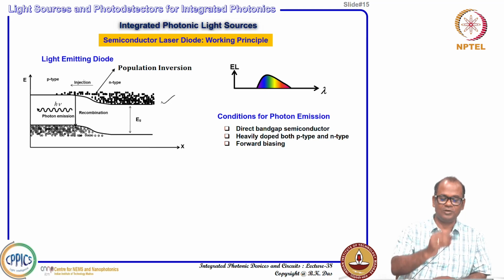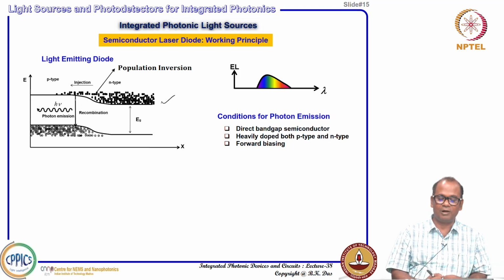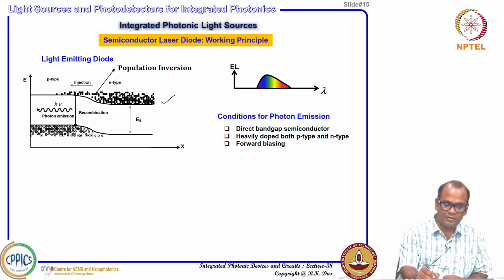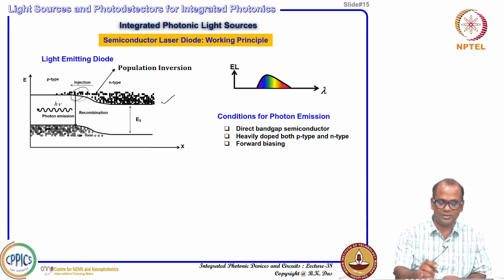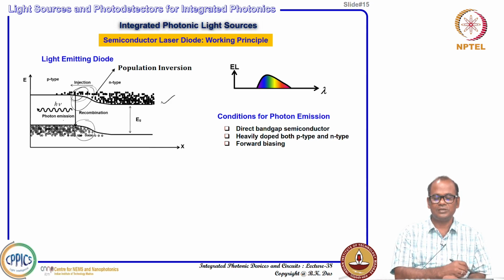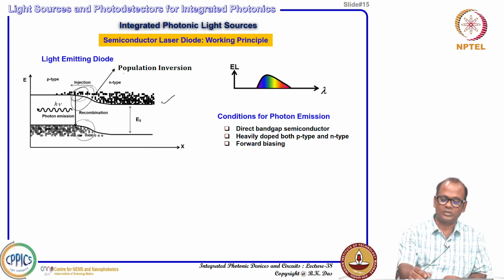So, this is the situation where you applied some forward bias, and then you generated additional electrons in the conduction band in this depletion region, and additional holes in the depletion region, that you can create across the depletion region. That is actually called population inversion.